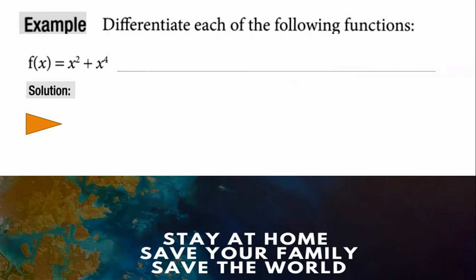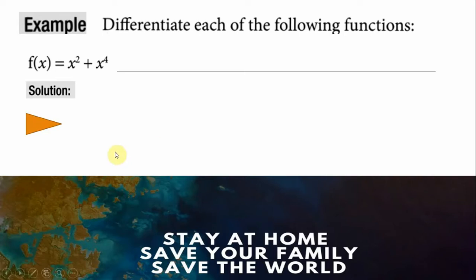Let's solve it ourselves. Differentiate each of the following functions. F of x is equal to x squared plus x to the power of 4. How can we solve this function?